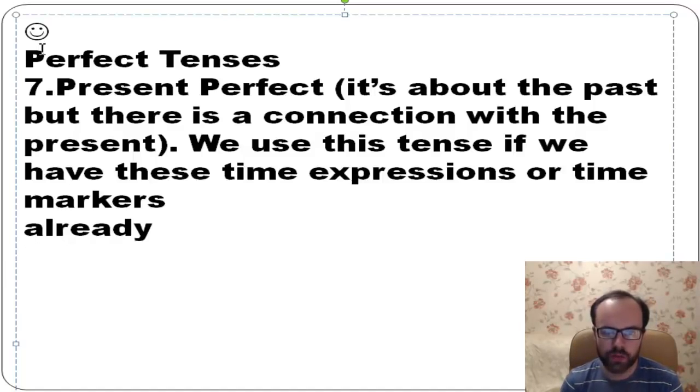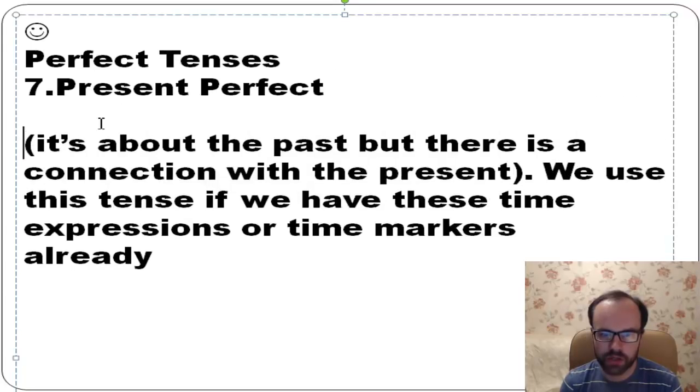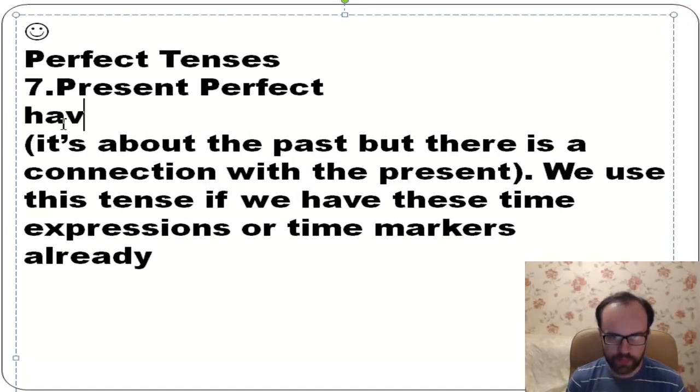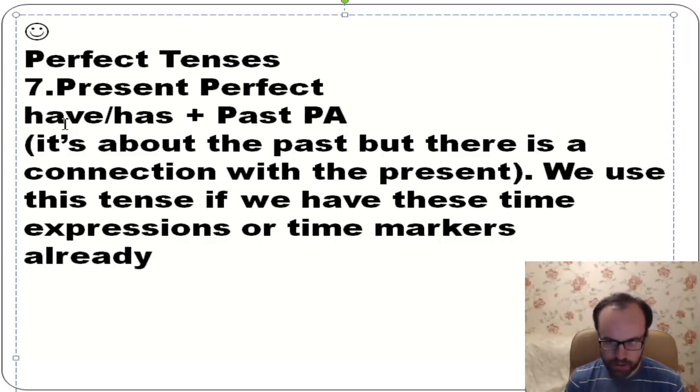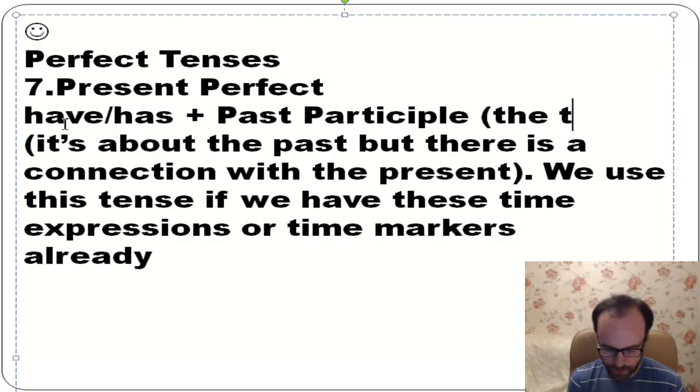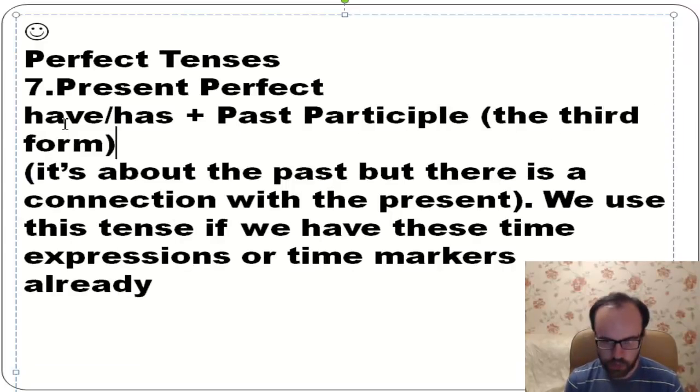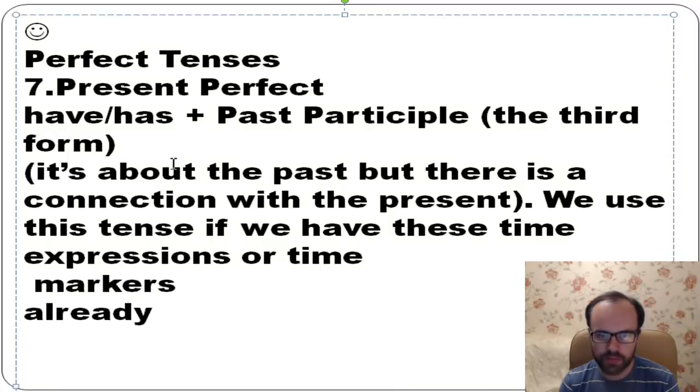And how do we form it? Have or has plus past participle. It's the third form. Okay?